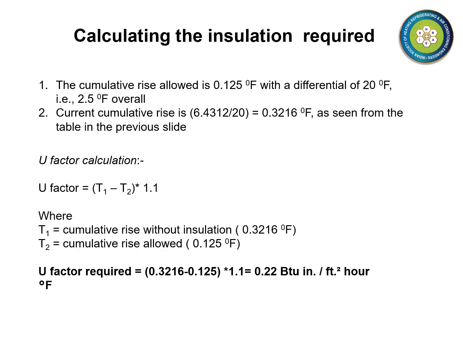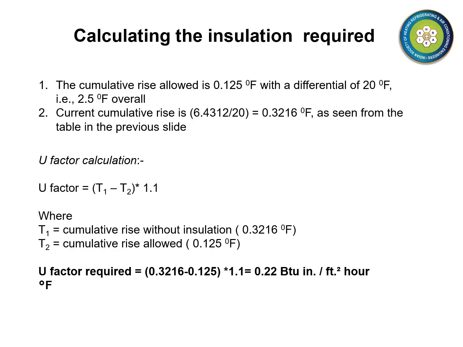The cumulative rise allowed is 0.125 degrees Fahrenheit, while without insulation the cumulative rise is seen to be 0.3216 degrees Fahrenheit. The U factor value required is calculated using the formula U equals (T1 minus T2) multiplied by 1.1, where T1 equals cumulative rise without insulation and T2 equals the cumulative rise allowed.